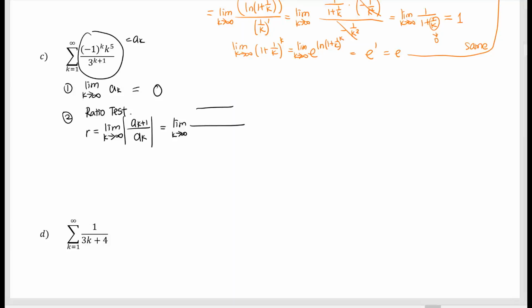So we have k plus 1 to the 5th, and then we have 3 to the k plus 1 plus 1, so k plus 2. And then the denominator, we have the same thing, k to the 5th, 3 to the k plus 1.